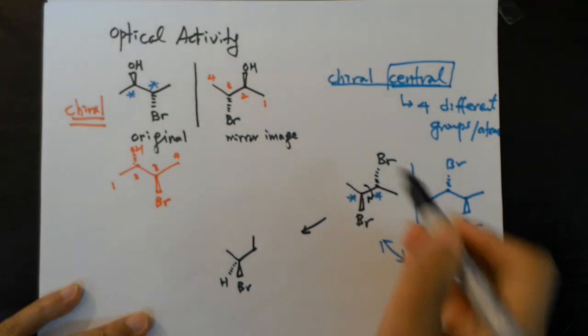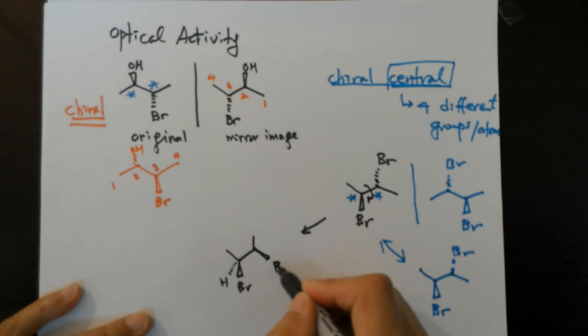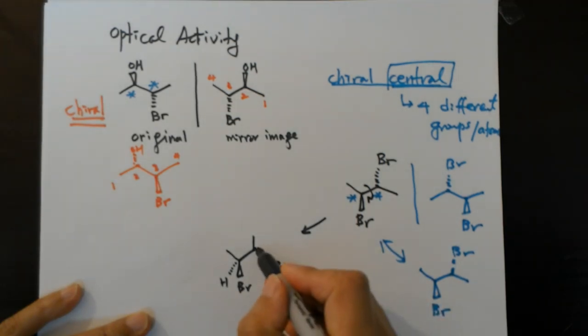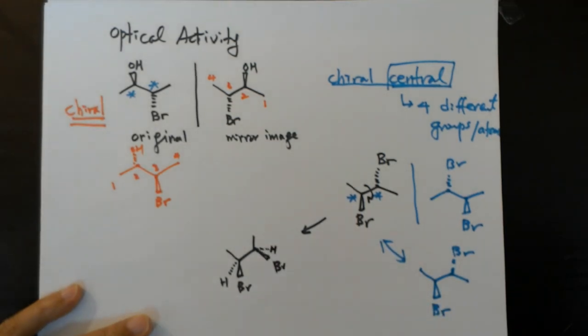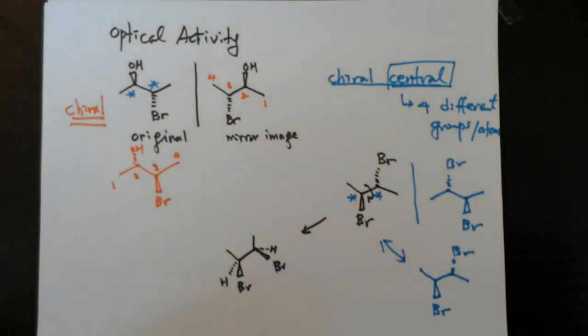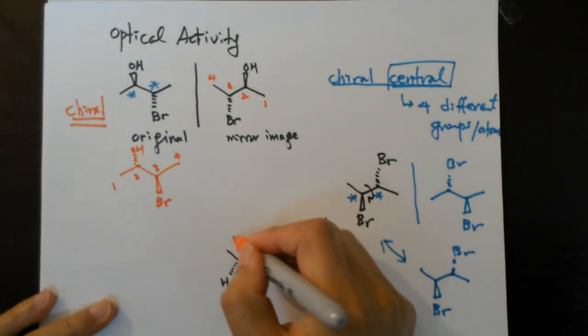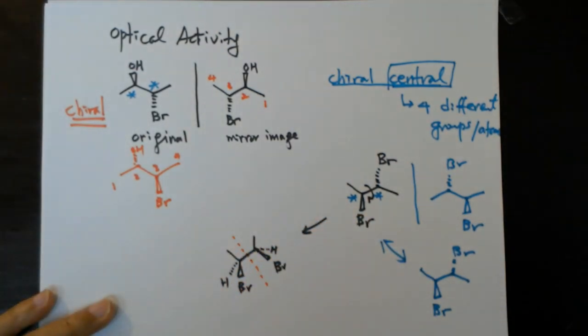As you spin, the Br group will come down and out at the same time, and they're eclipsed, and another hydrogen here, they're eclipsed. Then you can see there is a mirror going through the middle of the bond, and the two halves reflect each other.